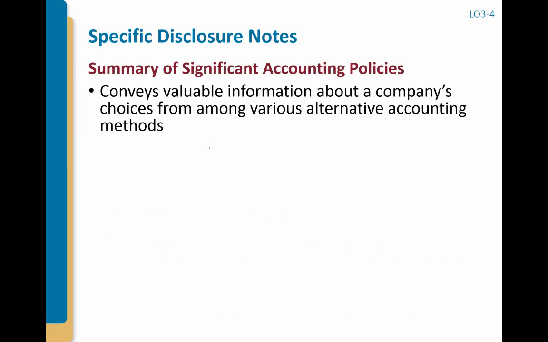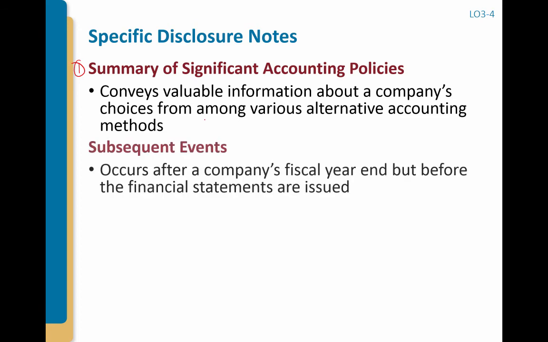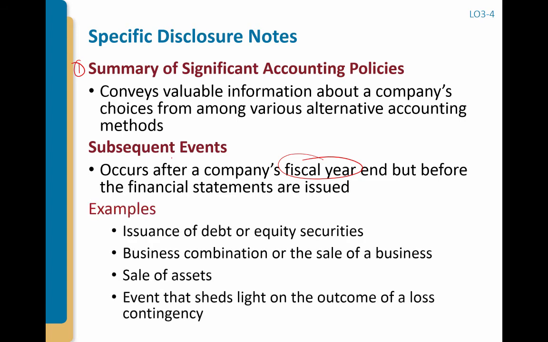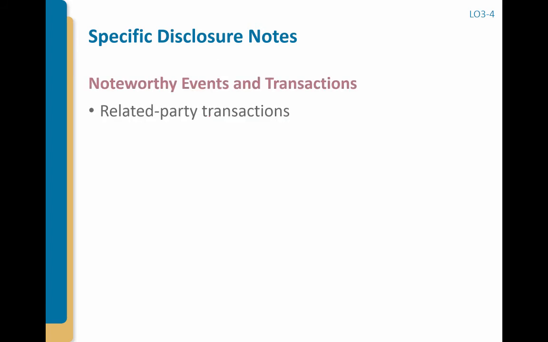Then there are specific disclosure notes that have to be part of the financial statements. The first one usually being the summary of significant accounting policies. Another disclosure note is subsequent events, anything that's happened after the company's fiscal year but prior to the issuance of the financial statements. You might also have to report any loss contingencies or contingent liabilities, which we're going to talk about in Intermediate Accounting 2 as well.